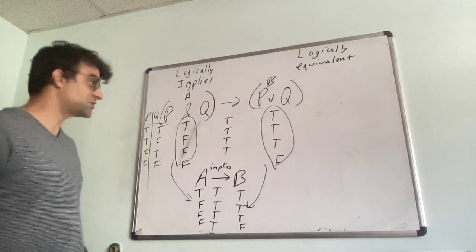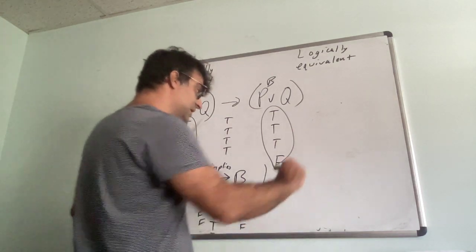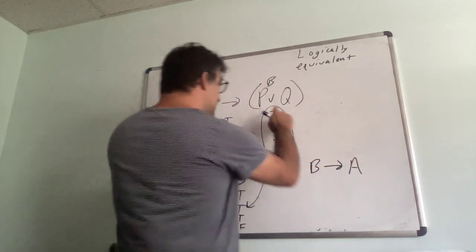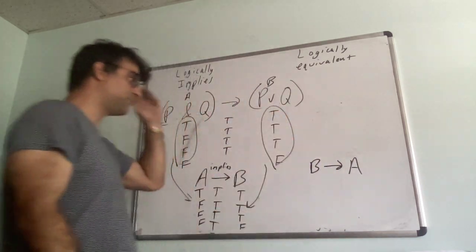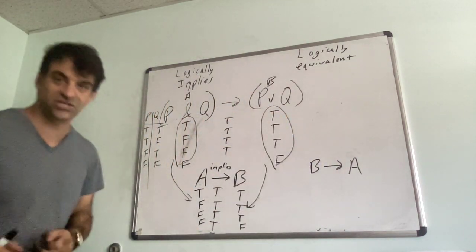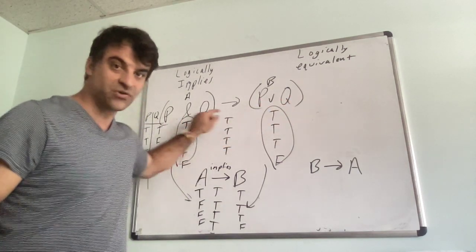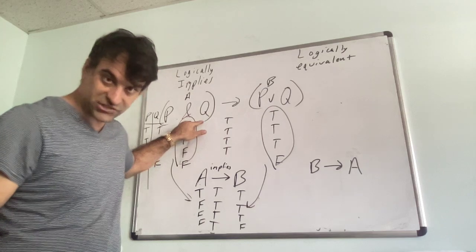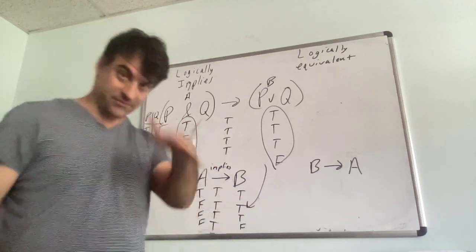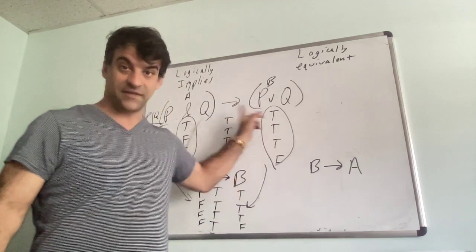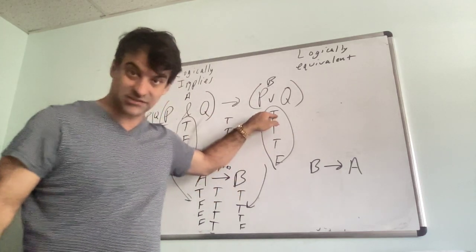So how about, does B imply A? Does P or Q imply P and Q? Intuitively, you should see no, it doesn't. If I tell you at least one of these is true, you cannot deduce just from that they're both true. They could both be true, but it doesn't follow. This is not entailed by this.